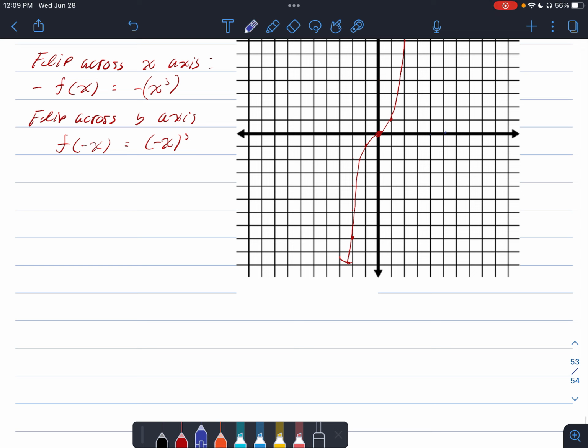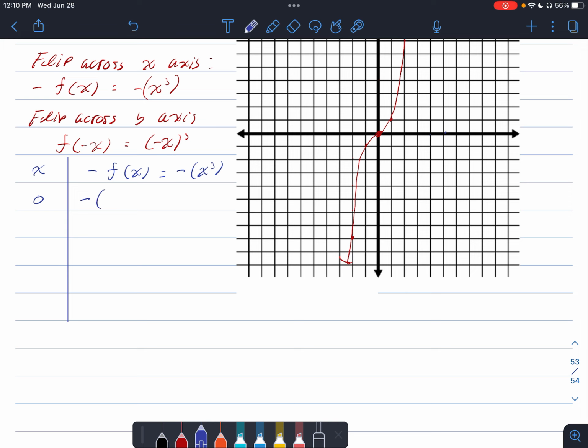So let's go ahead and do a point plot here for negative f of x. Okay, so let's do the point 0.